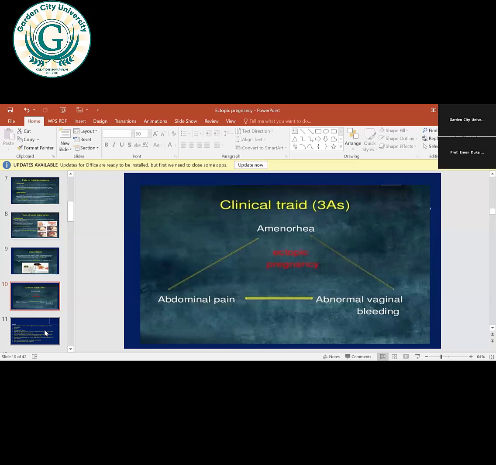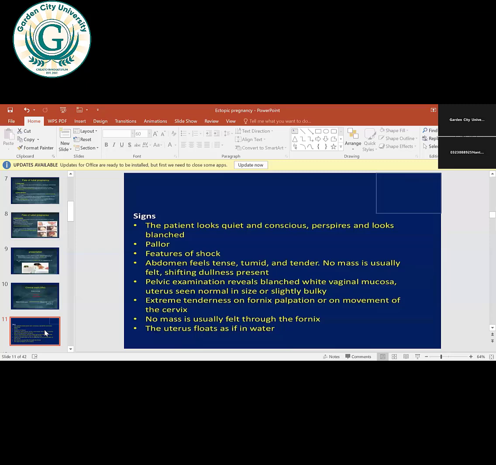Any pregnant woman who bleeds vaginally during pregnancy, that bleeding is abnormal, because bleeding in itself has nothing to do during pregnancy. True or false? True.